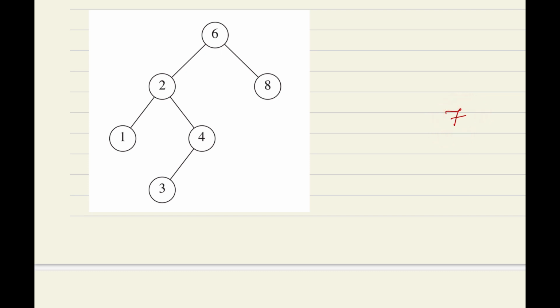So 7 is larger, so move to the right subtree. So here in the right subtree 8 is the new root, then compare 8 and 7. So 7 is smaller, so 7 should be here in this left part. Similarly, you can insert any node into an existing binary search tree.